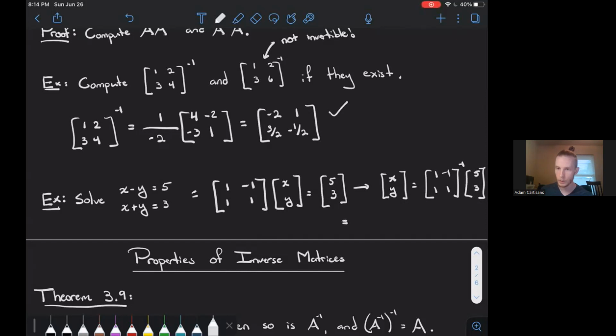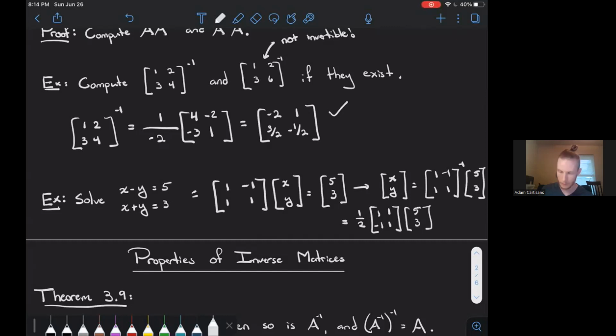Well, AD minus BC is 1 times 1 minus negative 1 times 1, which is 1 times 1, which is 1 plus 1, which is 2. So it's going to be 1/2 times the thing that you get when you switch the things on the main diagonal and switch the signs of the off diagonals. And then multiply everything by 5, 3.